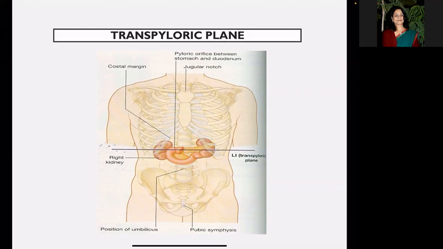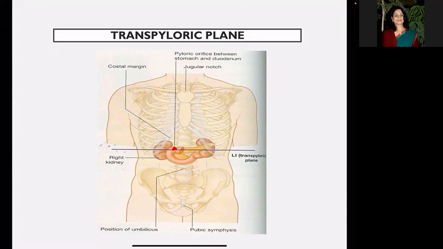So there is the transpyloric plane. There are so many structures which are present in the transpyloric plane. For example, the stomach, the pylorus part of the stomach, which is related to the transpyloric plane, that is the tip of the ninth costal cartilage.